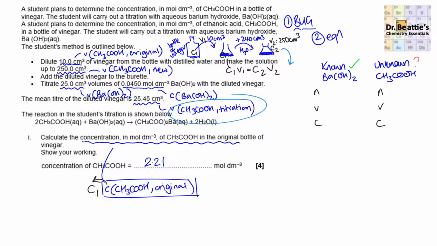The third step here is to then convert any of the values into the correct units. And so really, we're only focusing on the given values for the titration element of this. So that's going to be the volume here, because that was used in the titration, and also the volume of the barium hydroxide used in the titration. At this stage, what we're going to do is then put this into our equation.